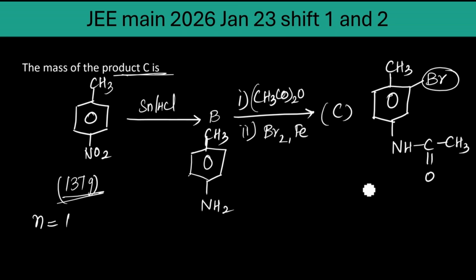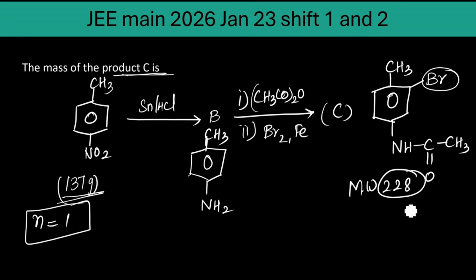And 4-acetamido-2-bromotoluene, the product, the mass will become 228. So the molecular weight is 228, which means this is 1 mole and that will also give 1 mole, that is equal to 228. So 228 grams.